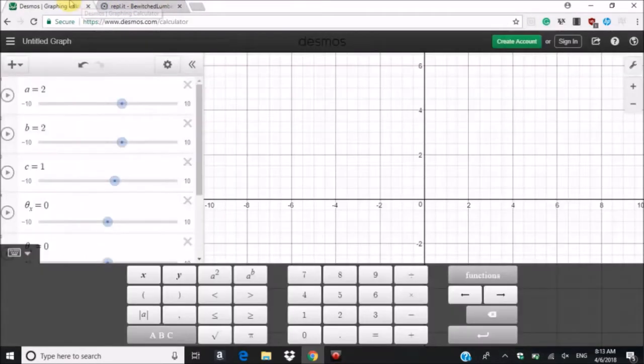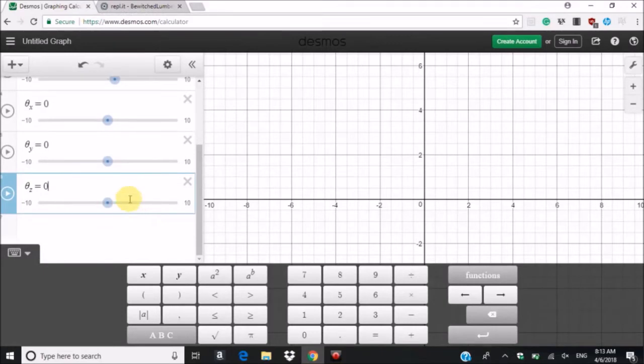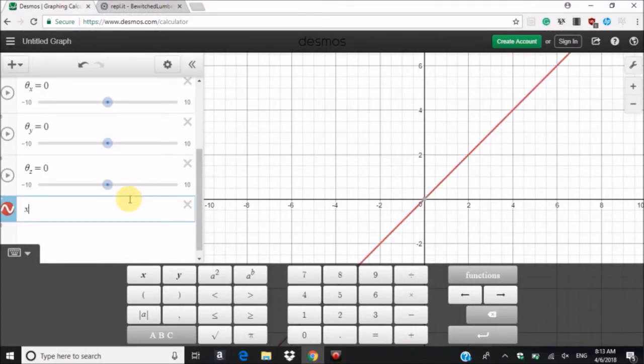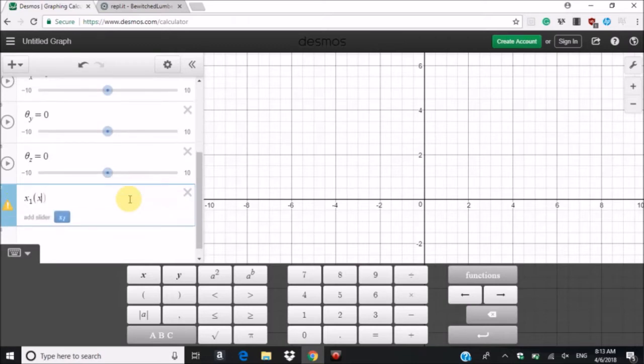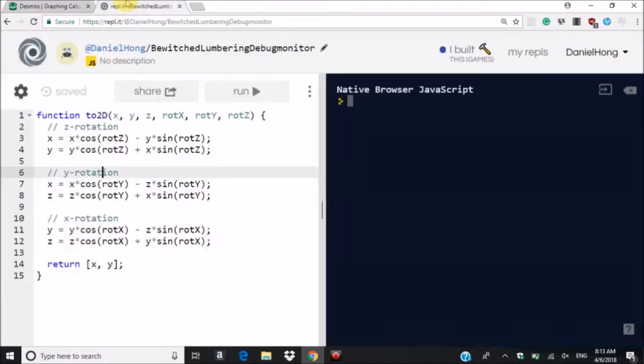So let's get started with our first multivariable function. I'm going to call this one x1. It's going to take in an x value and a y value. This is for z rotation here.